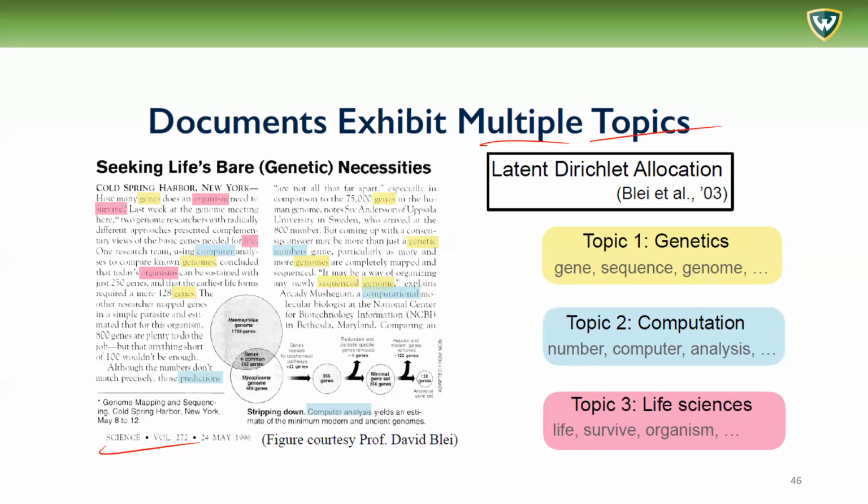One single document, for example, may be about genetics, it may be about computation, and it may be about life sciences. Now, how do we identify these topics from an article or a set of articles?